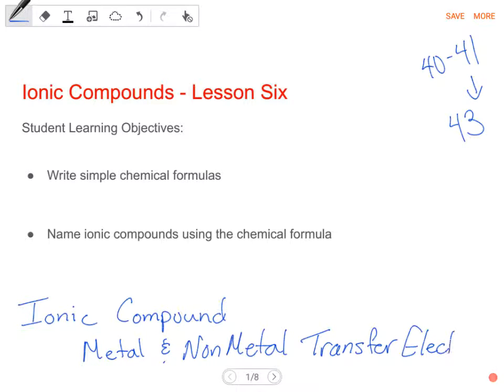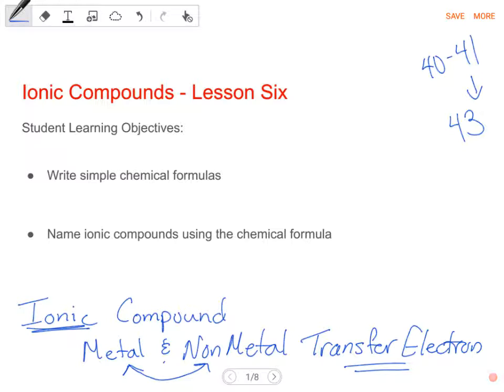So this will make sense here shortly. But basically, when I talk about ionic compounds, we are talking about a metal and a non-metal coming together. The transferring of electrons you will understand shortly, but going forward, we have to have the language that ionic compound means a metal plus a non-metal coming together. So that's the vocabulary that we have to have in common.